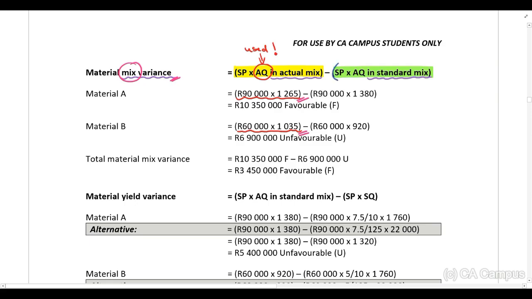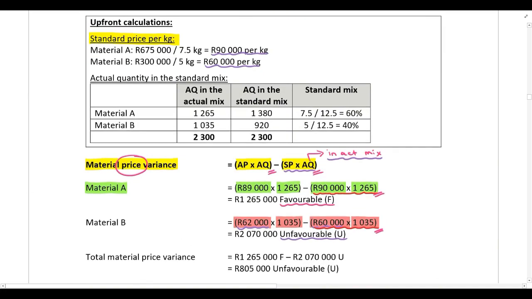Then we need the standard price multiplied by the actual quantity in the standard mix. So you already have the standard price, so you can just carry that forward. That's your standard price per kilogram. We now just need the actual quantity in the standard mix. So if you go back to the upfront calculations, here's my calculation over here.